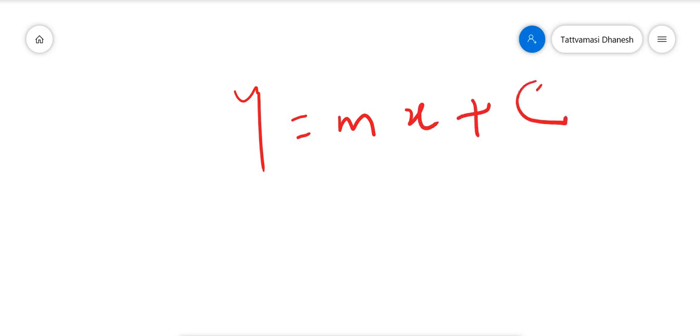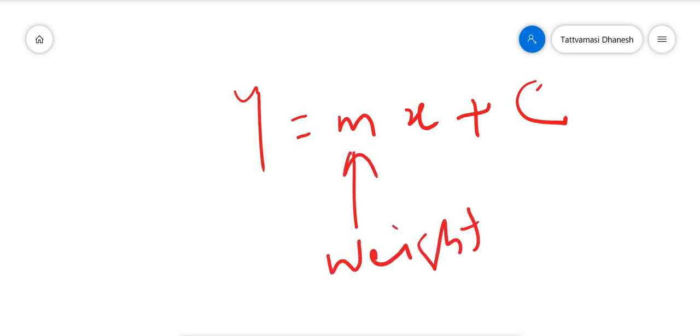Here m is the slope and c is the y-intercept. This m we call as the weight of the network. This is the simplest equation I can give you. c is the bias of the network. In this way I can easily explain to you. So this is weight and bias.